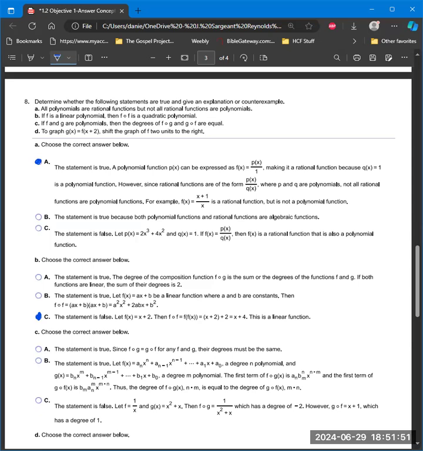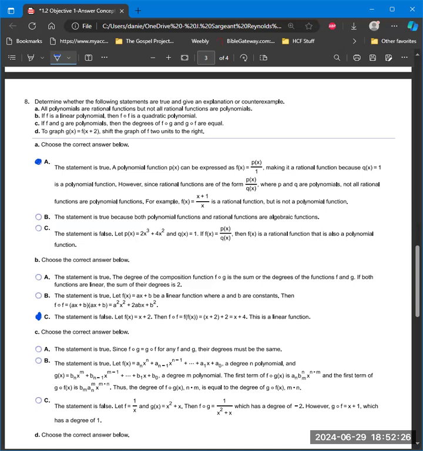Let f of x equal a sub n x to the n plus a sub n minus 1 x to the n minus 1 plus dot dot dot plus a1 x plus a0, a degree n polynomial, and g of x equal b sub m x to the m plus b sub m minus 1 x to the m minus 1 plus dot dot dot plus b sub 1 x plus b sub 0, a degree m polynomial.